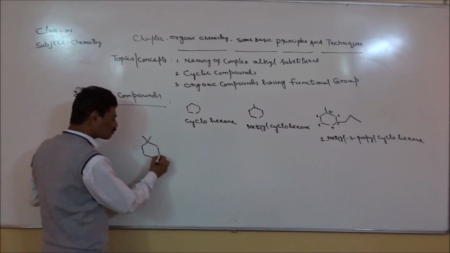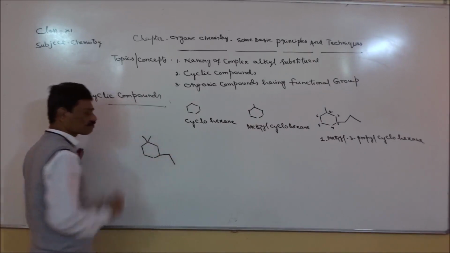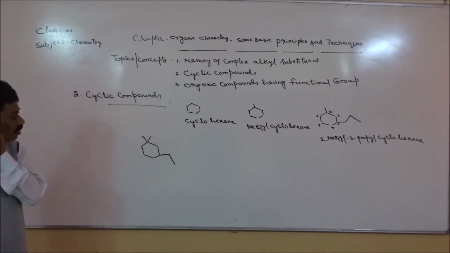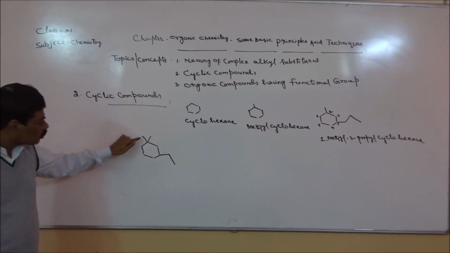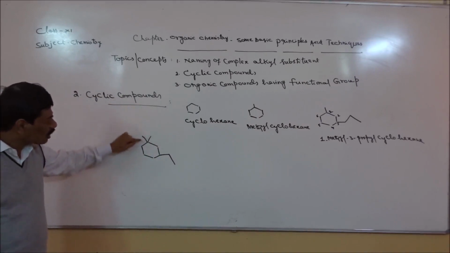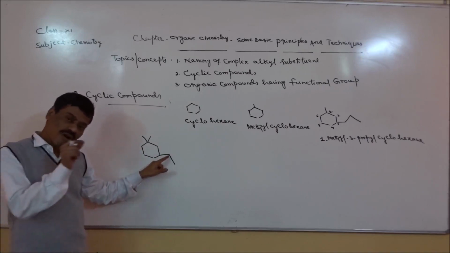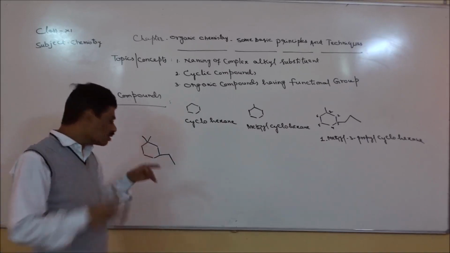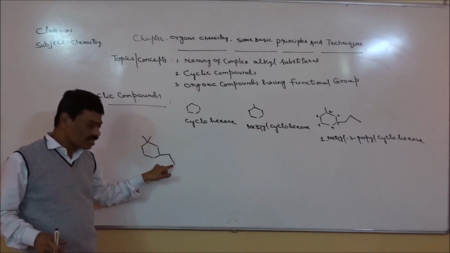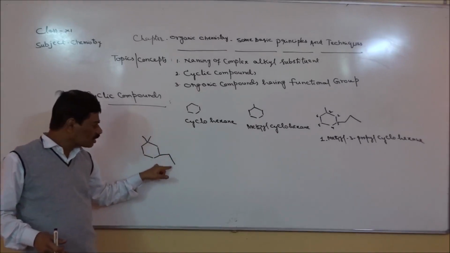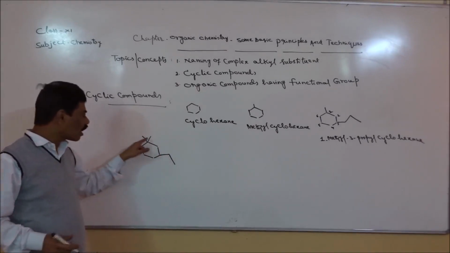And here, now how should this compound be named? See, two terminals have two methyl groups, and here one junction, one point where two bonds are joining. That is one CH2 group, and this is a terminal CH3. CH2, CH3 means ethyl. And here we have two methyl groups.